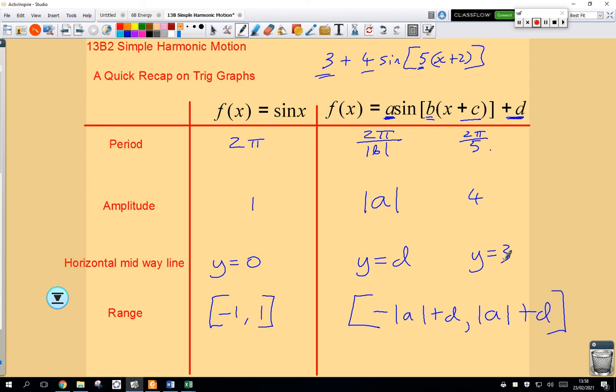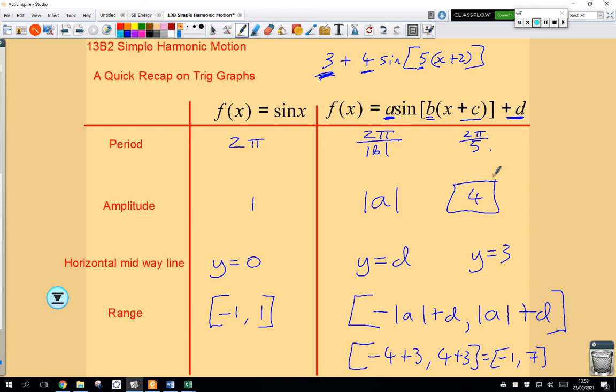Notice I've just put the 3 out the front instead of as a second term. And then finally, the range is going to go from negative 4 plus 3 up to positive 4 plus 3. So from negative 1 up to 7. And you see that distance is 8 units long, and half of that is 4, which is the amplitude of the function. So we're in good shape.